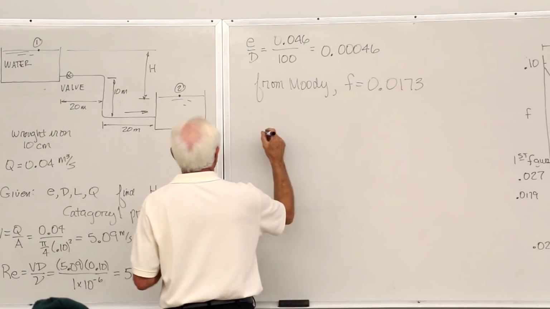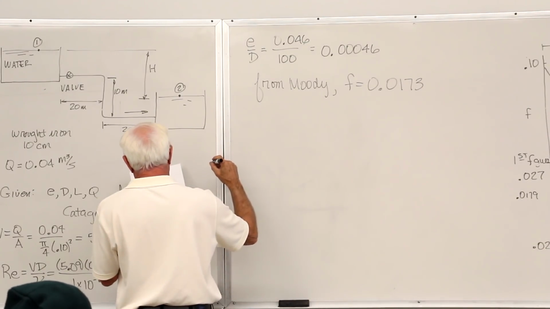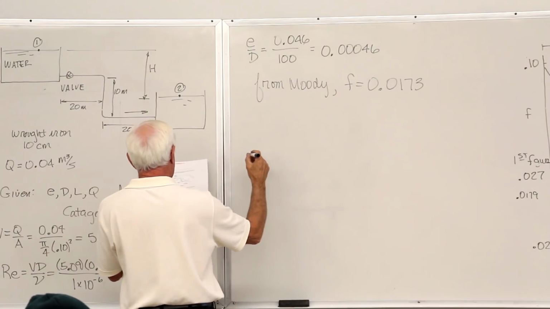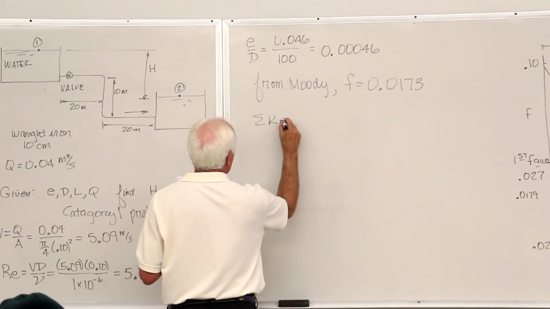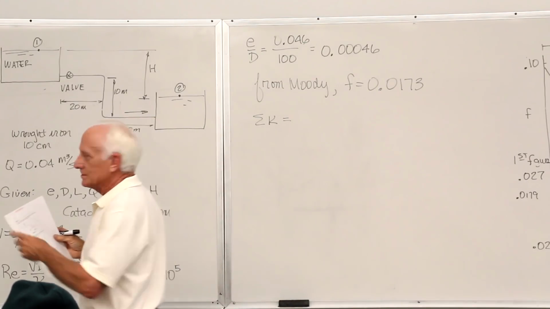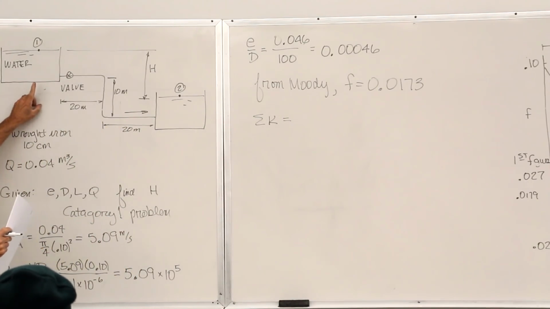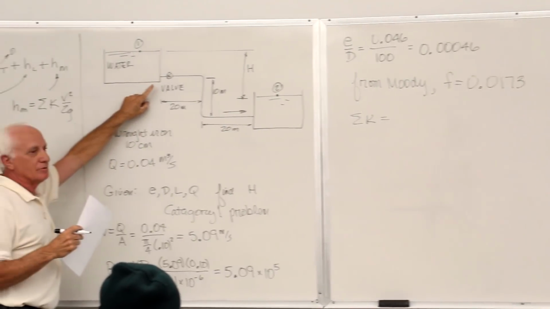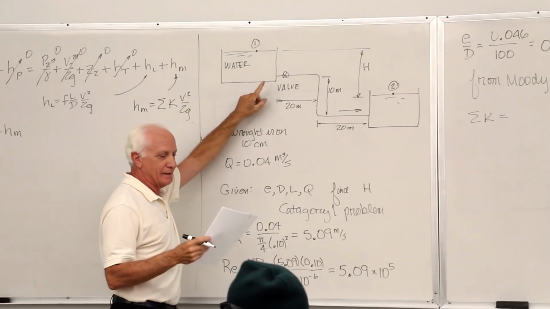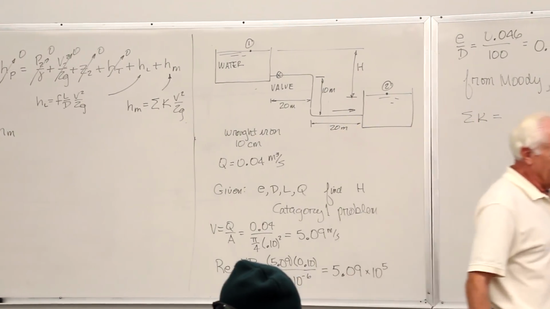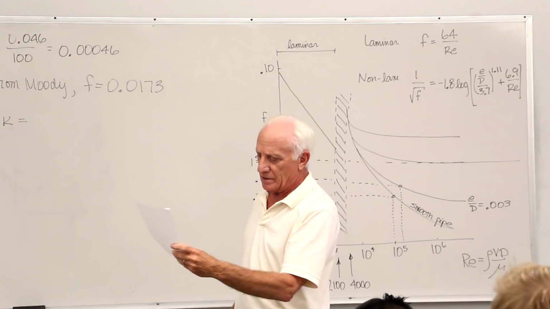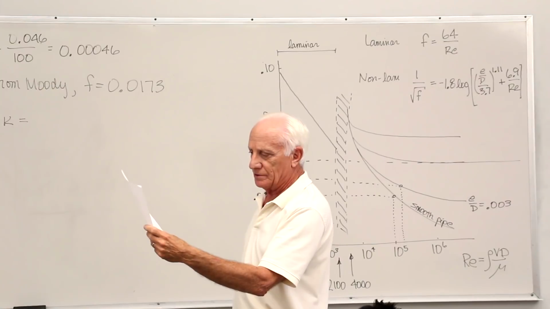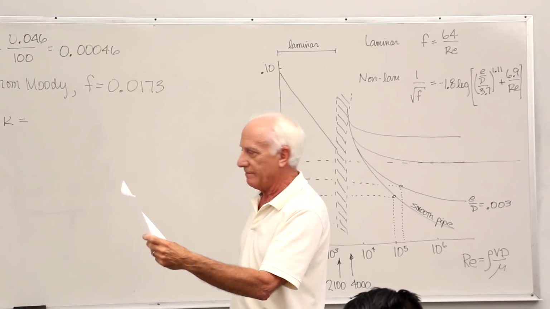Okay, now we get the minor losses, the summation of the Ks. First of all, the water comes out of the upper reservoir and goes into a pipe. Look at the minor loss table: a square edge entrance from a reservoir to a pipe, K is 0.5.